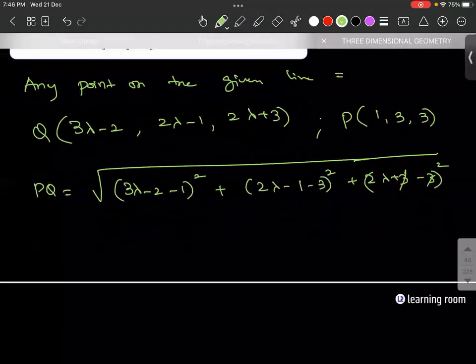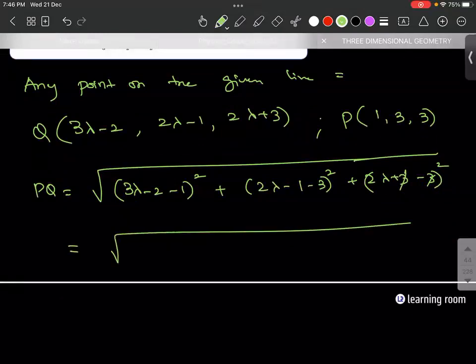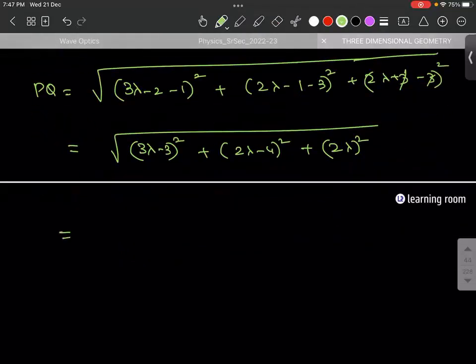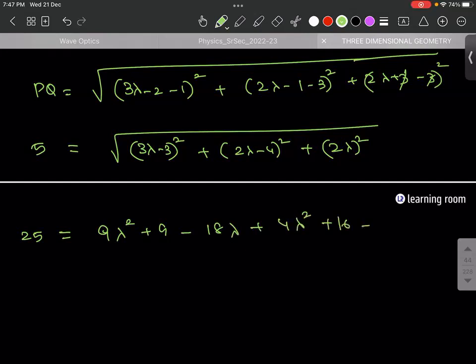This and this will get cancelled. It will be square root of (3 lambda minus 3) square plus (2 lambda minus 4) square plus (2 lambda) the whole square. Right. So this distance should be 5. Squaring on both sides, I get 25 is equal to 9 lambda square plus 9 minus 18 lambda plus 4 lambda square plus 16 minus 16 lambda plus 4 lambda square.